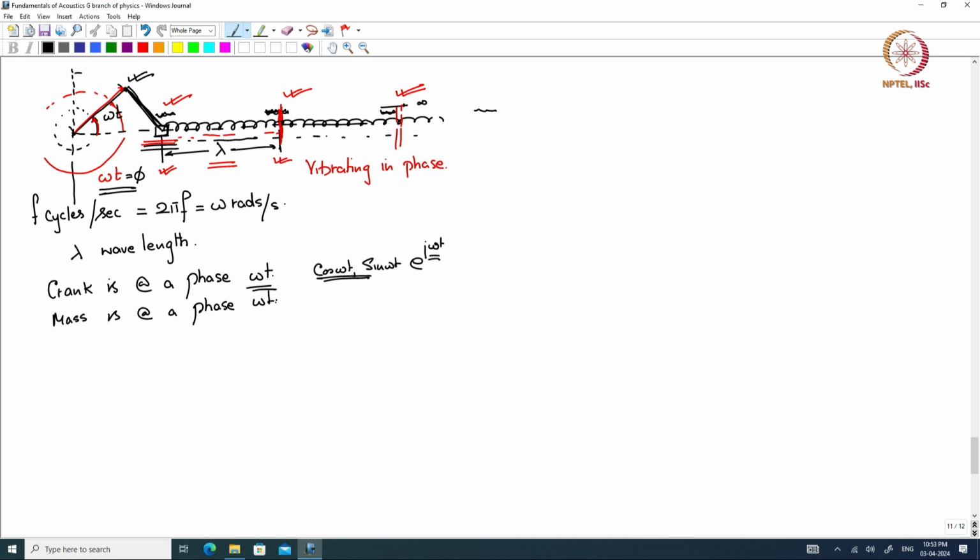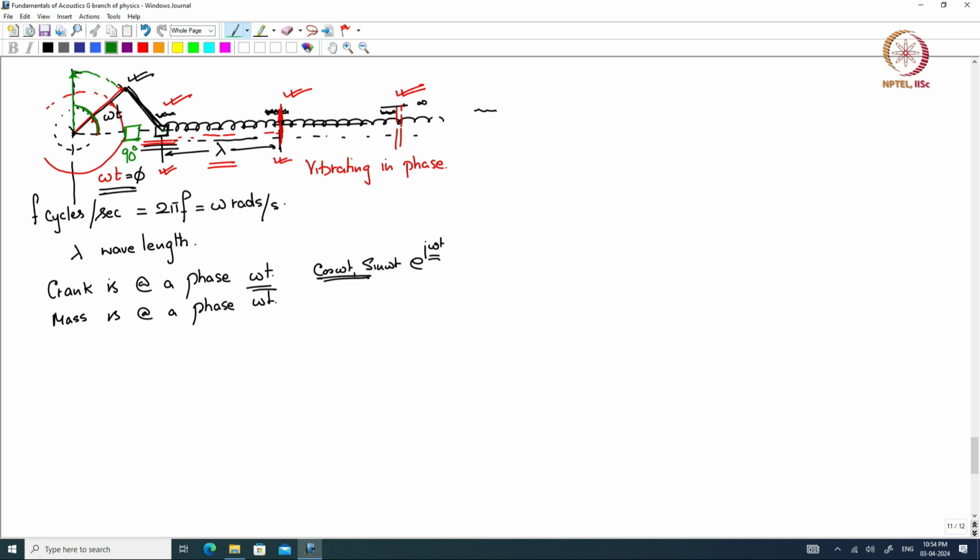Let us say the crank now moves to a vertical position, then the mass moves a little to the left, and then we will say the mass is at a phase of 90 degrees and so forth. So, we can assign this phase to the mass. Okay.